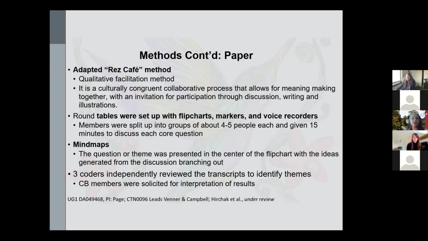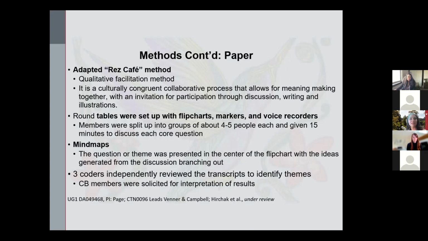So the methods for this paper, and I really encourage folks to consider this in their own work, but we completed a Res Cafe method, which is an adapted version of the World Cafe, and it's a qualitative facilitation method, kind of thinking about how we have these deep discussions in these social settings, like a cafe, for example.